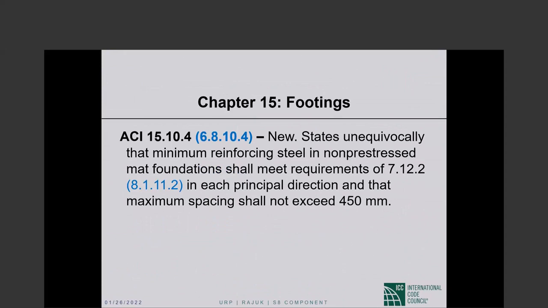Okay, footings. I put this in because you wouldn't believe how many questions we used to get on just this. I think this was added in 2008.